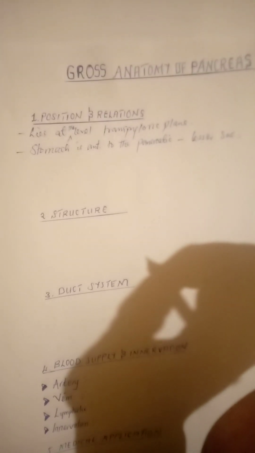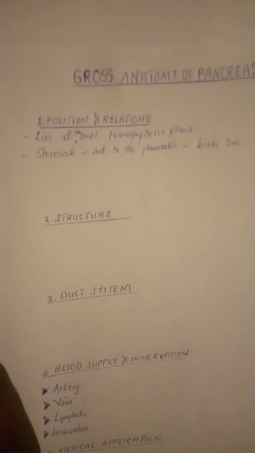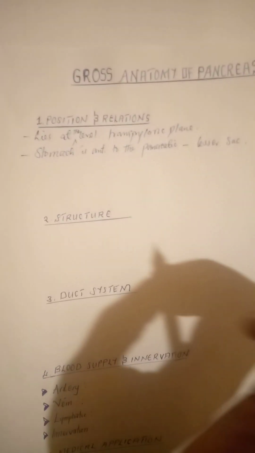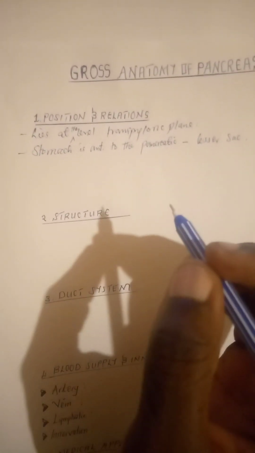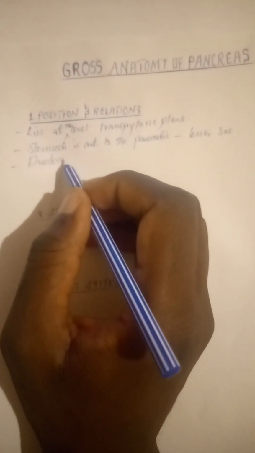The other organ in relationship to the pancreas is the duodenum.